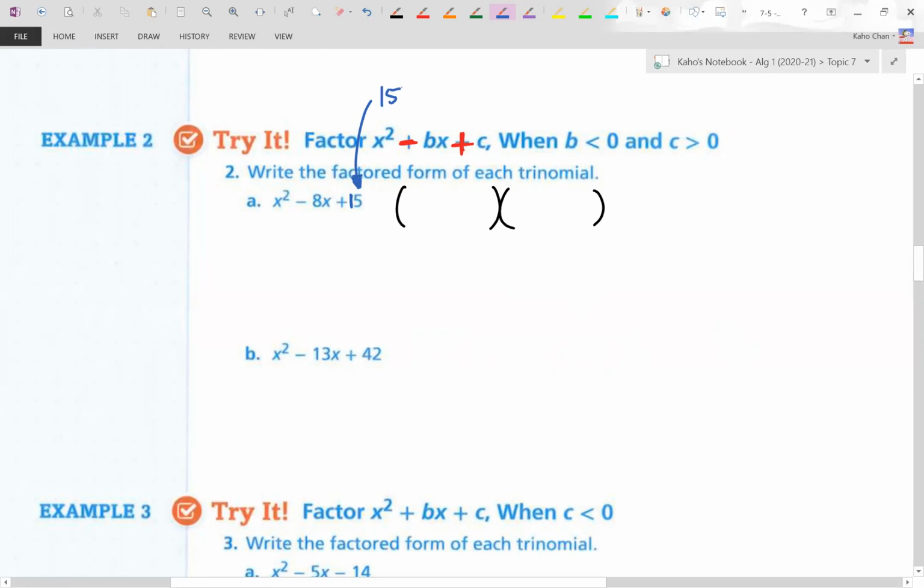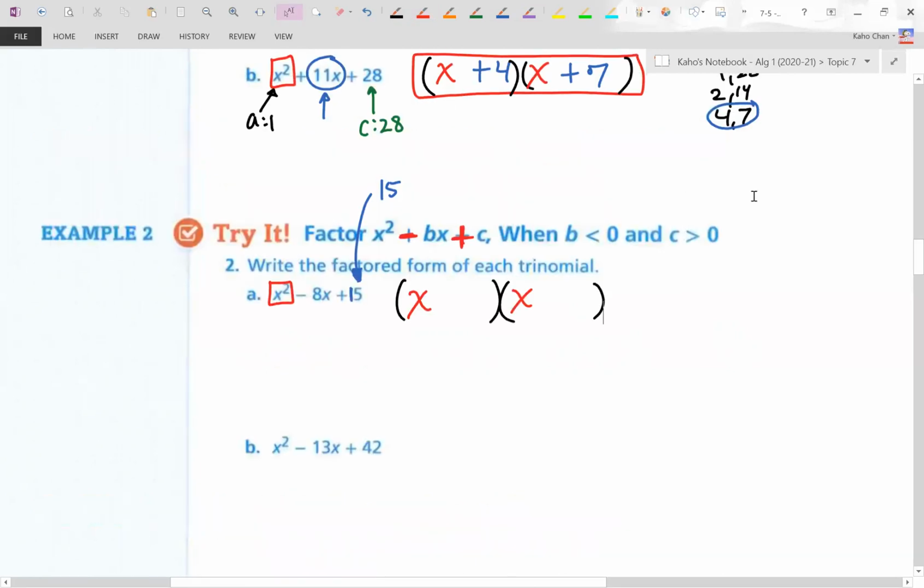If you have a minus plus situation for 2A and 2B, note that our first terms have to be x and x, but our C value is a positive 15. How the heck can you get a positive product, but your sum is negative? There's only one possibility.